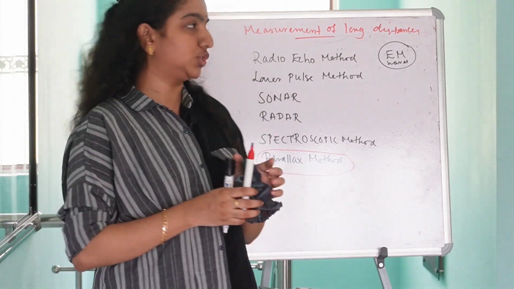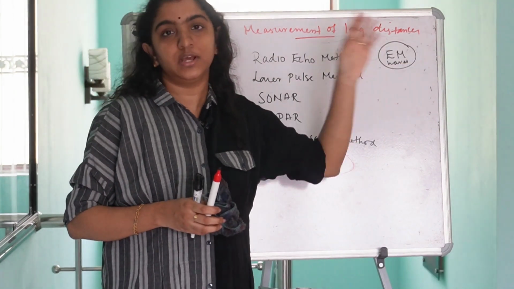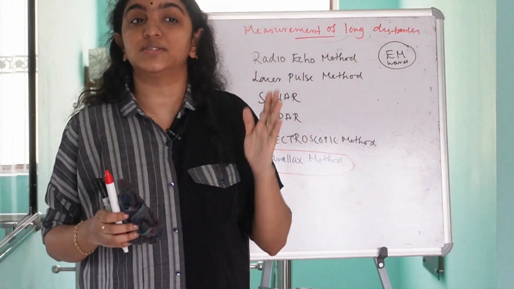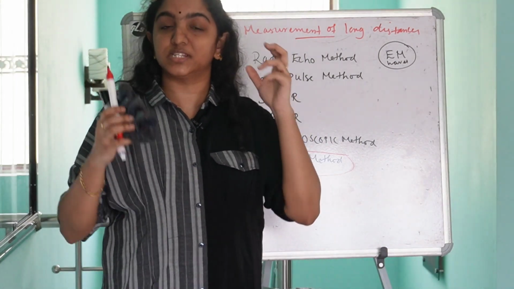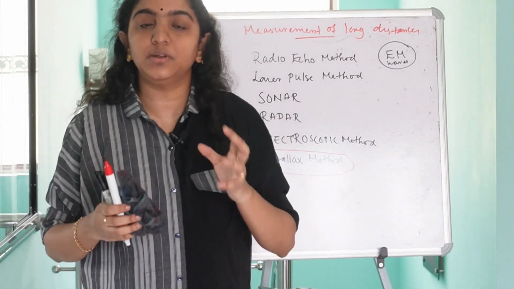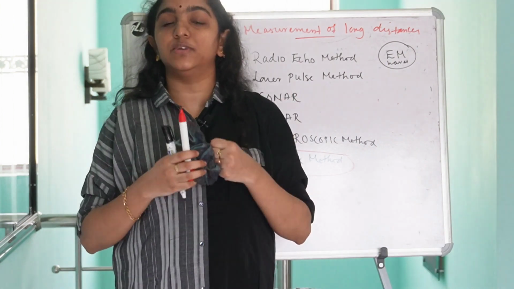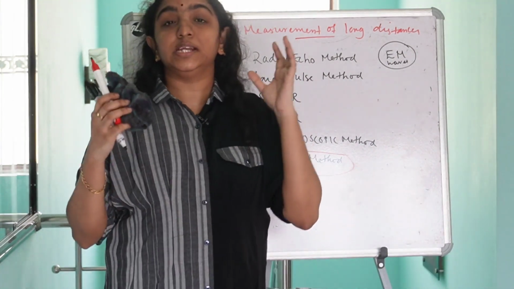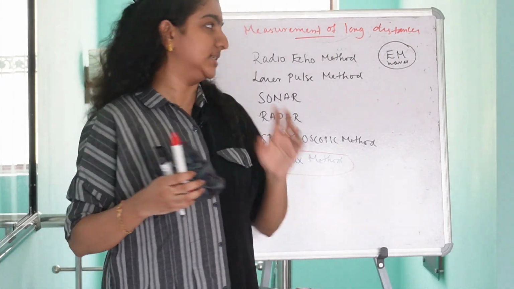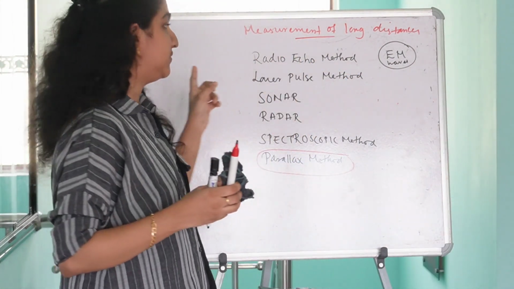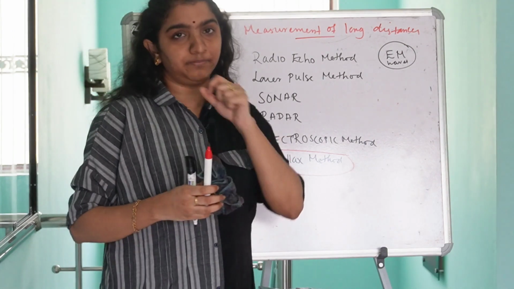Electromagnetic waves are invisible waves which are formed when an electric field couples with a magnetic field. Is it clear? Now back to our topic.